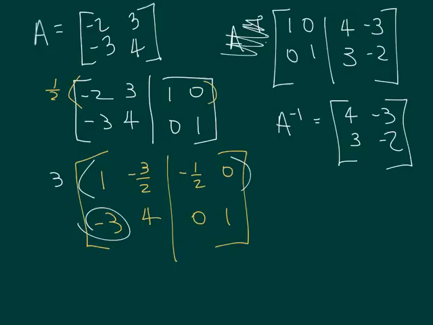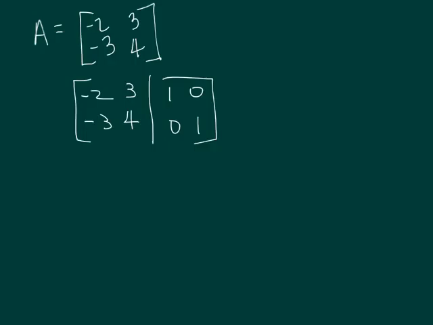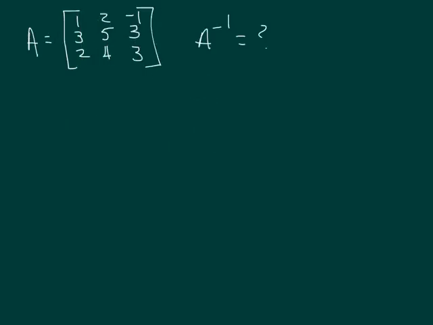So let's look at a bigger one here, which would be example number 4, top of page 485. What I'm doing here is I'm trying to find A inverse, given this matrix right there. So we're going to do it the same way. We're going to write it as an augmented matrix.